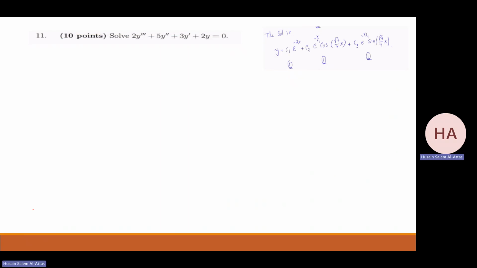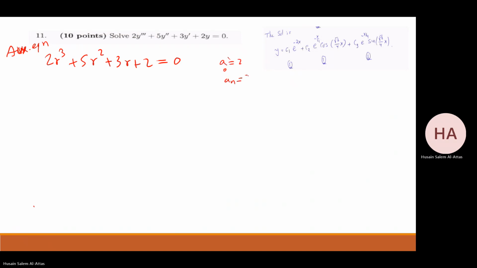Okay, solve this equation. I need to do what? I have 2r cubed plus 5r squared plus 3r plus 2 equals 0. This is the auxiliary equation. If I do p over q, I have a0 equal 2, an equal 2.